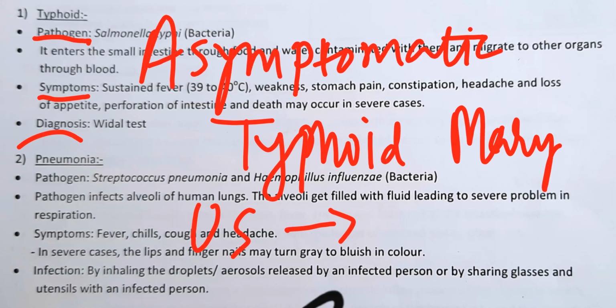One by one, she worked as a cook for 7 to 8 different families, and in that period she spread the infection, with at least 53 known cases. So 53 persons suffered from typhoid in that period.